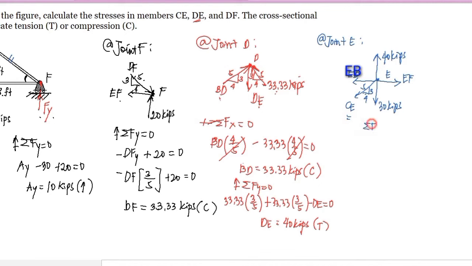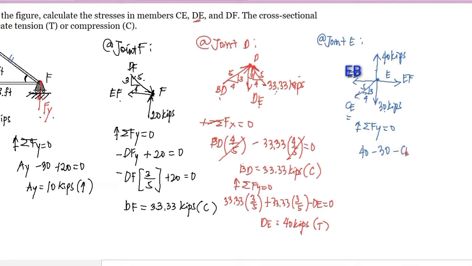So summation of forces vertical is equal to 0, taking the upward direction as positive. Then we have here 40 kips, it's directed upward, so meaning it's positive. We have here 30 kips, it's downward, so it's negative. And CE is directed to quadrant 3, so meaning the vertical component of CE is negative.